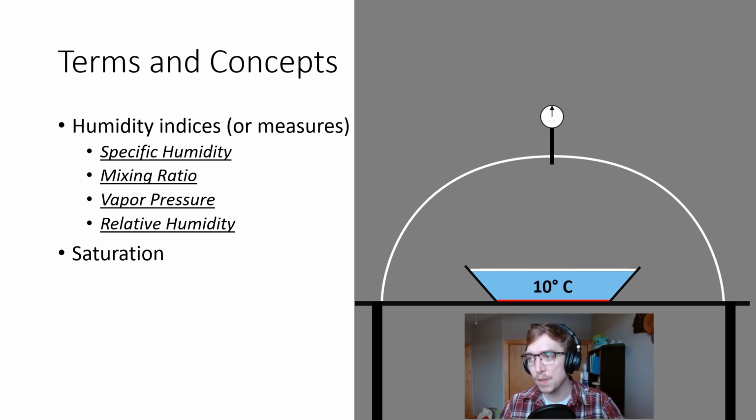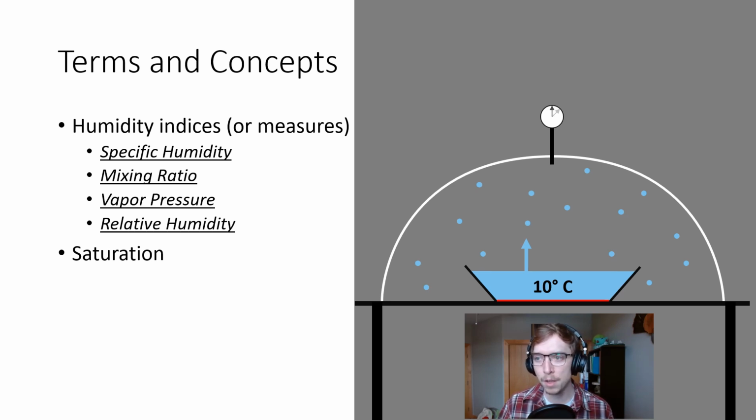It's at 10 degrees Celsius. If we were to uncover it, water would evaporate out and that pressure would equalize into our atmosphere, or into our little mock atmosphere here in our bubble. And the pressure would increase, basically. Now, of course, there's also water condensing back onto the surface.